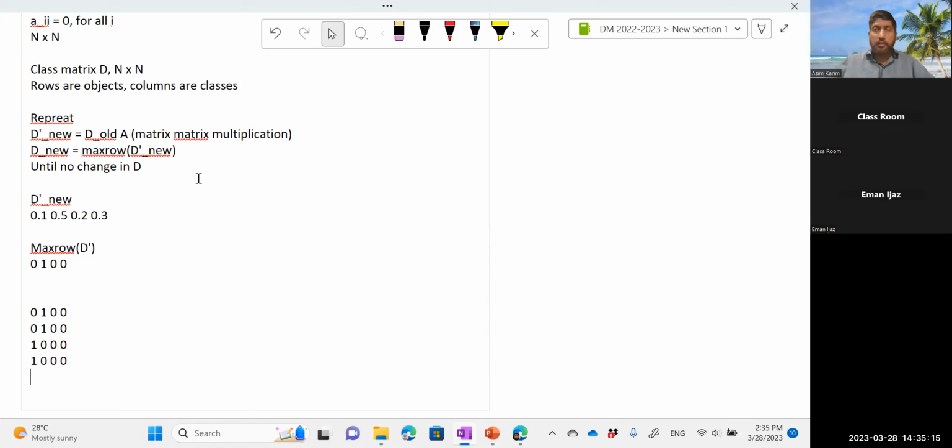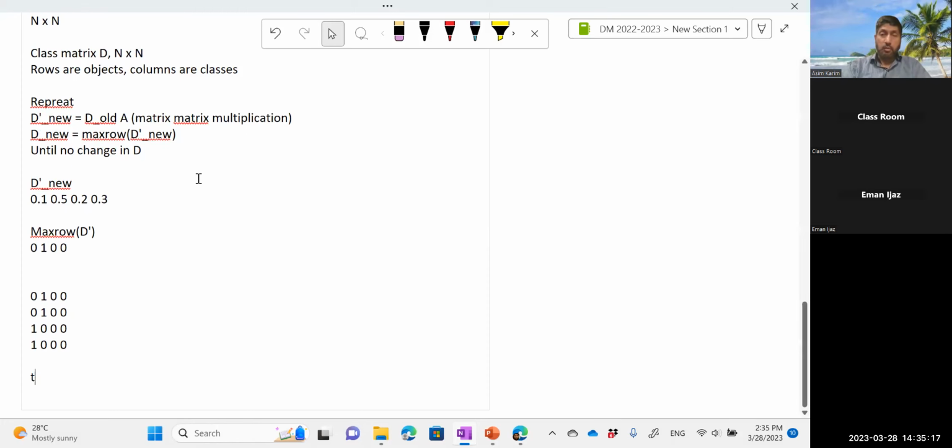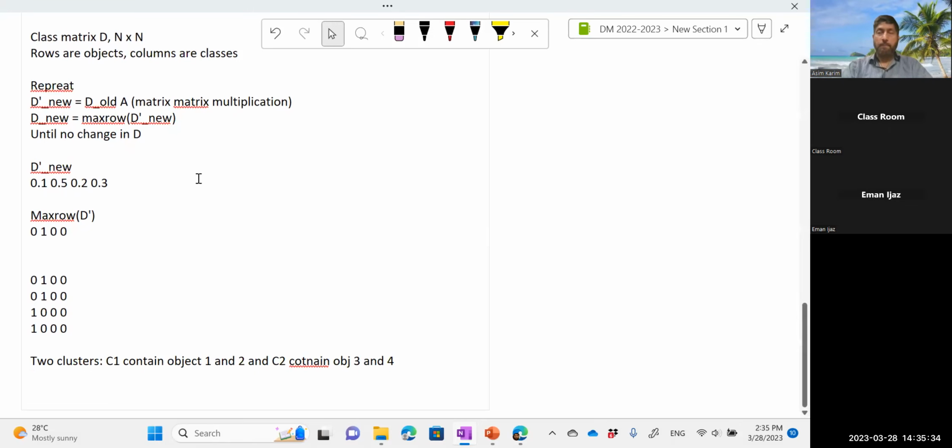So this is what this matrix is telling us. So 2 clusters, basically C1 contains objects 1 and 2, and C2 contains objects 3 and 4. ठीक है?